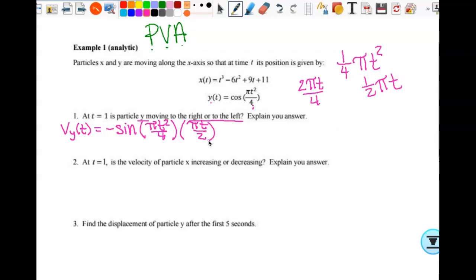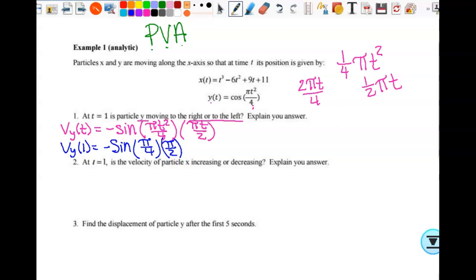Okay. So, I want to know at t equals 1, is it moving right or left? That means I need to find the velocity for my y particle at 1. So this is negative sine of, well, t squared is just 1, so that's pi fourths, times pi times 1, which is pi halves. Now, if all I was doing was getting the answer for what is the velocity at 1, that is a safe stop.